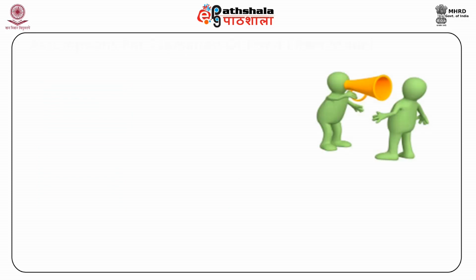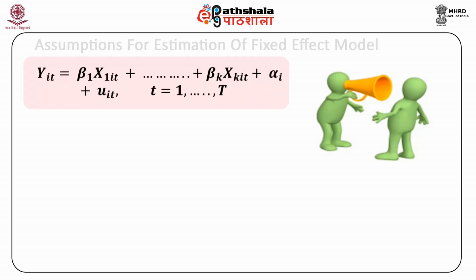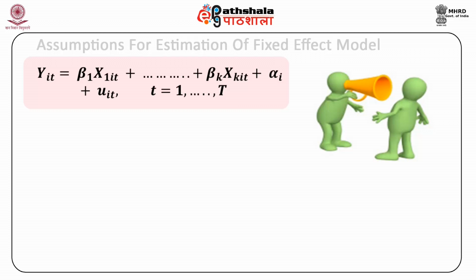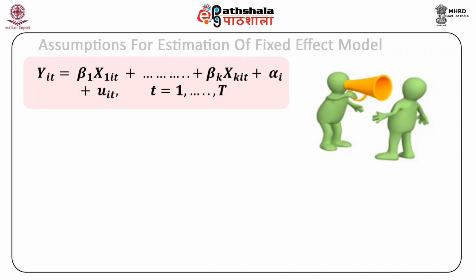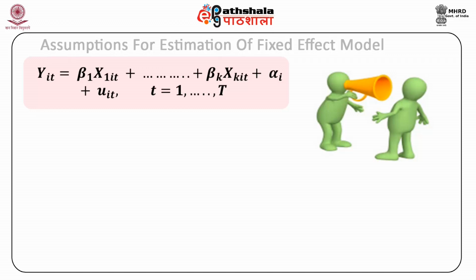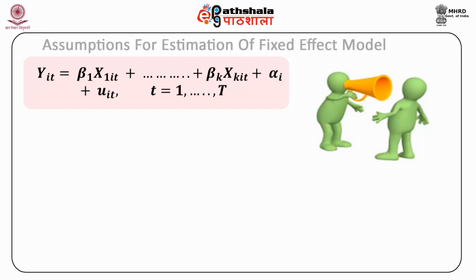Now, following are the assumptions that are needed for estimation using the fixed effect model. First, for each i, the model is y_it = beta_1 x_1it + and so on up to beta_k x_kit + alpha_i + u_it, and t varies from 1 to capital T. In this, the beta_j's are the parameters to estimate, and alpha_i is the unobserved effect.